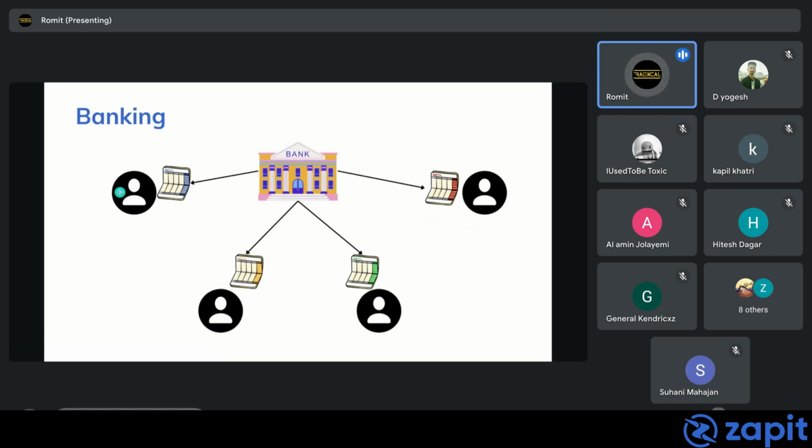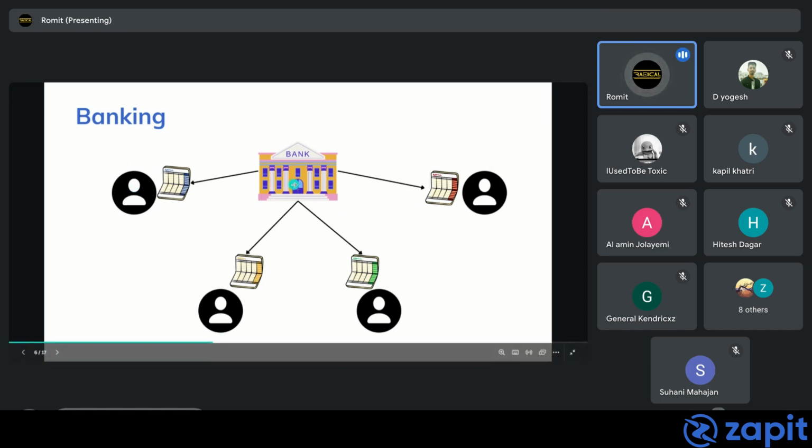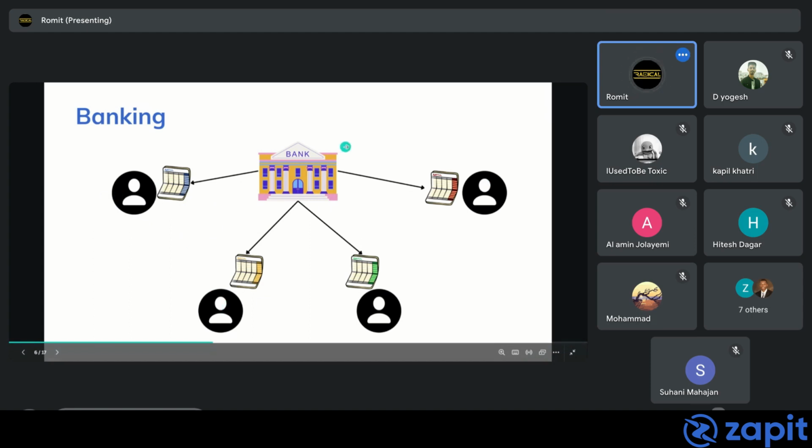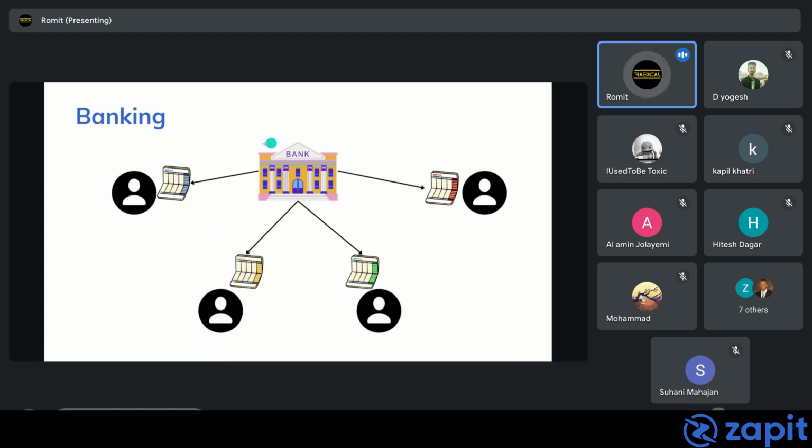Let's say person A is sending funds to person B. He requests the bank to send his funds to person B, and all the bank has to do is update their own books, where they deduct funds from person A and add funds to person B. But each person has a different book, which means person A can't really see person B's transactions. So you basically have to trust the bank. You have to ask the bank if the funds have actually been transferred or not.